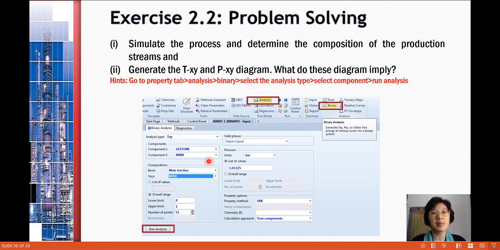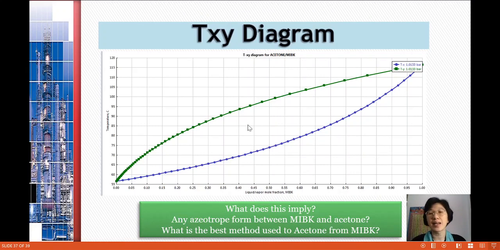Can we use a normal distillation column, or do we have to use an azeotropic distillation column, or another extraction to separate these two? Once you have all this, you just run the analysis. You'll get the TXY diagram for the MIBK and acetone.